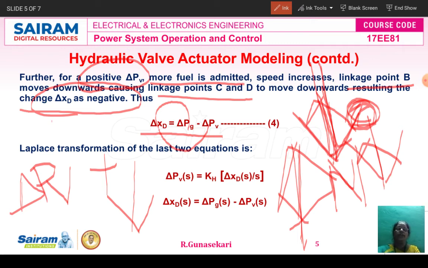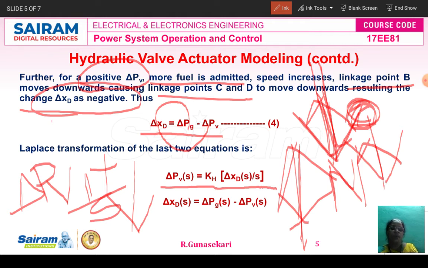Now we take the Laplace transform. Previously we had the equation del PV of s equal to del XD of s divided by s, because the Laplace transform of a constant, for example 1, is 1 by s. So del PV of s equals Kh into del XD of s divided by s.